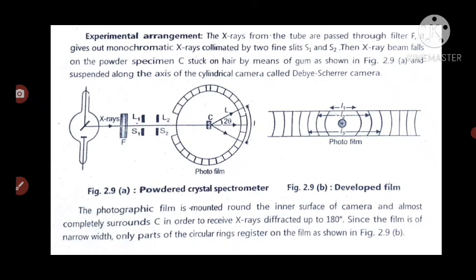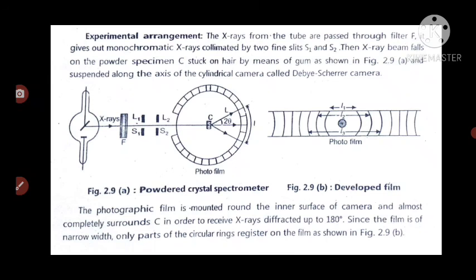Then the X-ray beam falls on the powder specimen C, which is stuck on here by means of gum, as shown in figure 2.9a, the powder crystal spectrometer. It is suspended along the axis of the cylindrical camera, which is called the Debye-Scherrer camera.